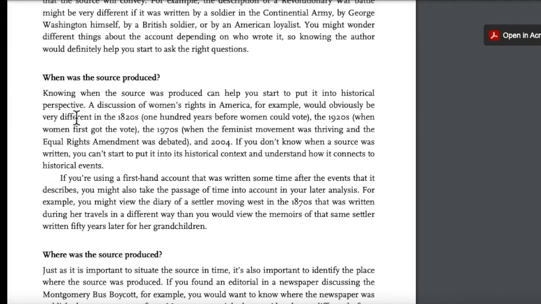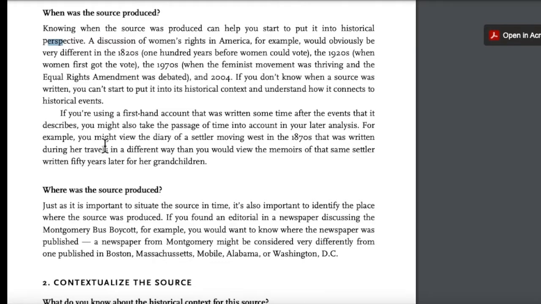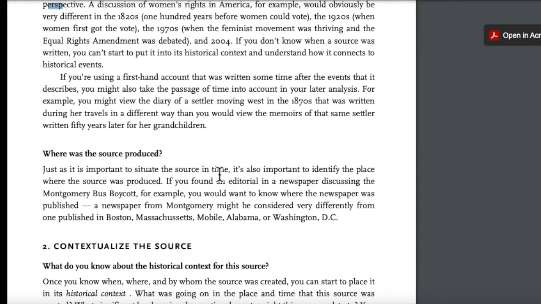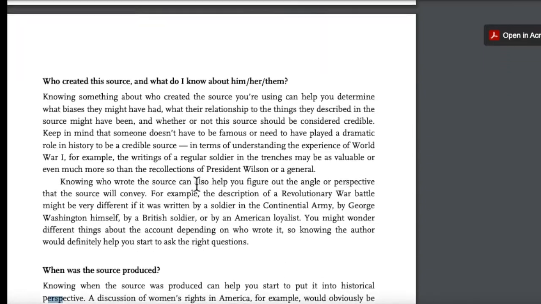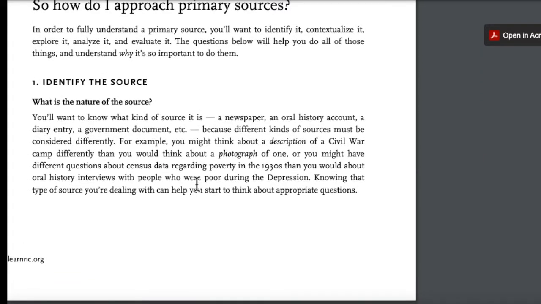What do we know about the time period in which the source was produced? We'll have to know something about that. And where was the source produced? Because depending upon where it was produced, you can make some judgment about the point of view of the author. So all of those things have to do with identifying the source.